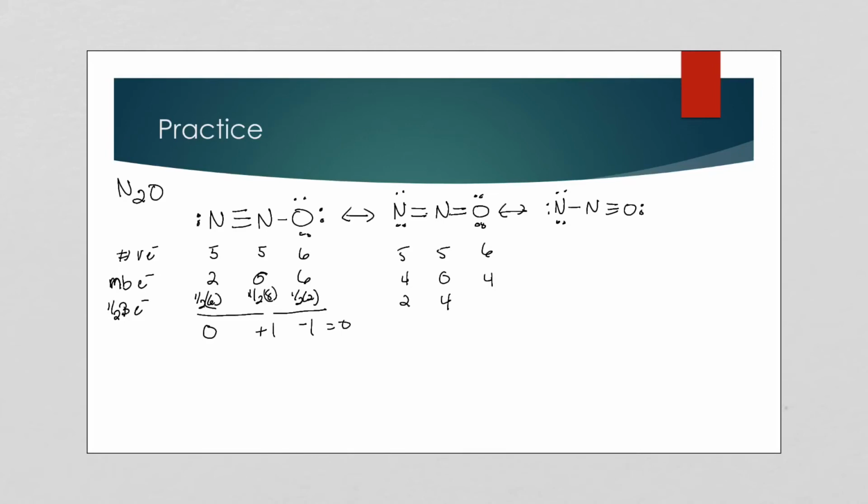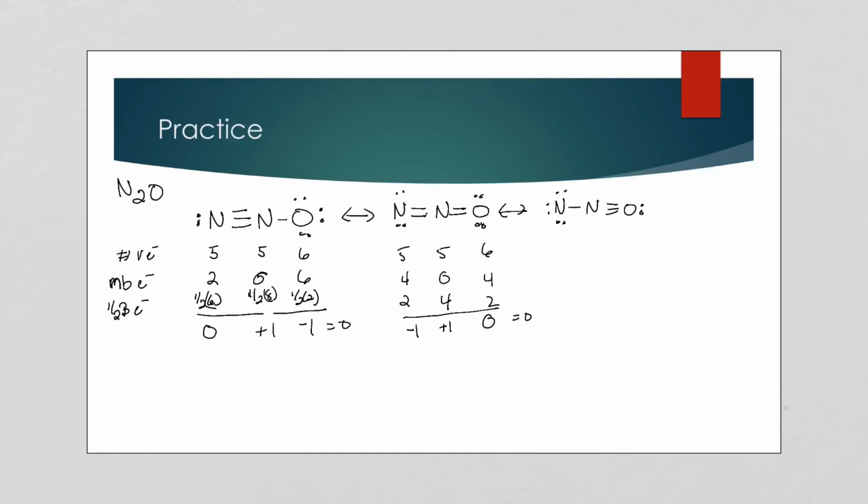We have 4 bonding electrons here at the double bond, half of that's going to be 2. So we have 5 minus 4 minus 2, so 5 minus 6, negative 1. We have 5 minus 4, positive 1, 6 minus 4 minus 2, 0. So again, they all add up to 0.